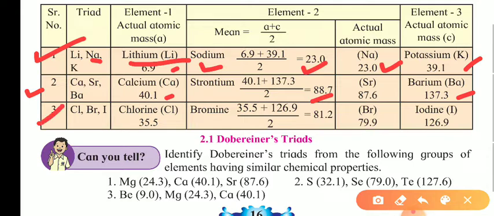Same way about the halides, that is the chlorine, bromine and iodine. In that also they found near about values, but the difference was little higher as compared to the previous ones.